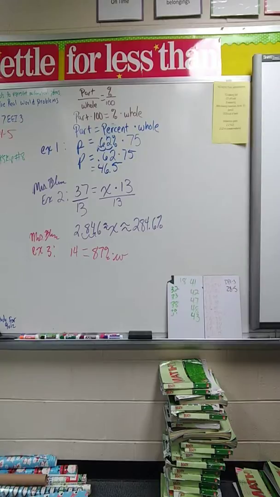So what I need to know is, how do I solve this? Go ahead, tell me the first thing. Like with example 2, you want to put them in the equation.